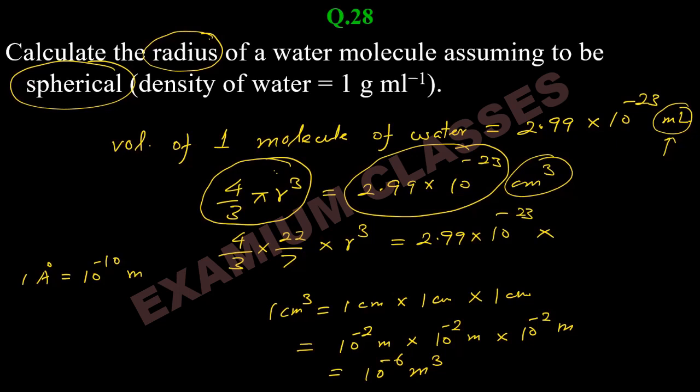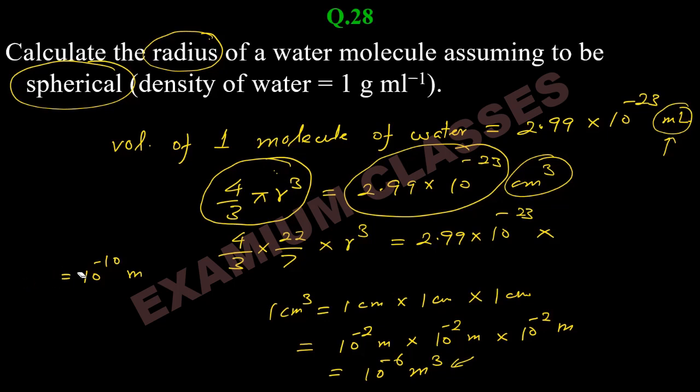Now, why am I using meter cube here first? Because I know the relationship. Once I do the calculation in meters, after that I'll convert it to angstrom, or you can represent it in nanometer or picometer. The answer will be correct. Here the answer is given in angstrom. You can give the answer in picometer or nanometer, and these units we will certainly be talking about later in this chapter.